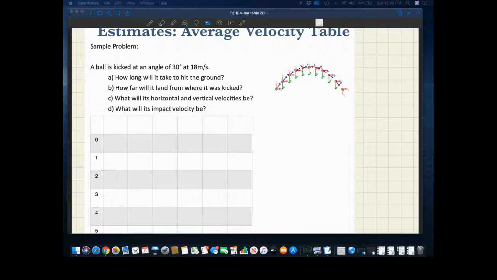So in this case, we're going to start out with a picture to make sure we're understanding the velocity properly. We've got the ground like so, and we have a ball that is kicked at an angle of 30 degrees. And we know that the initial velocity is 18 meters per second.